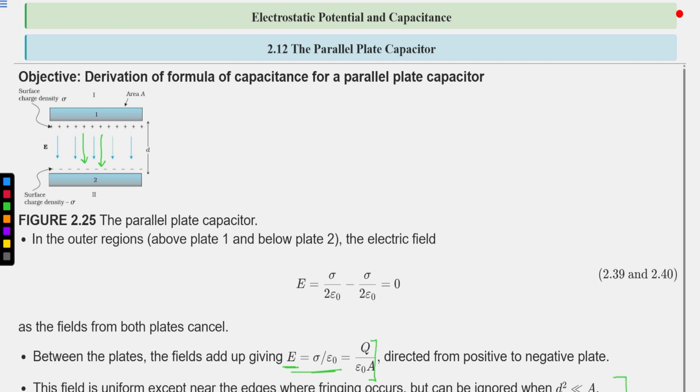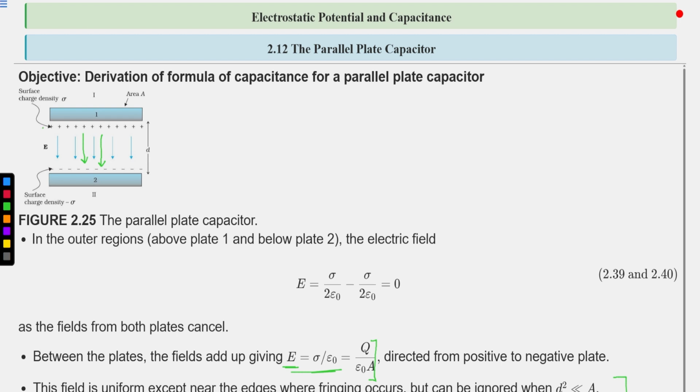So now I will explain why we are taking this and what is this fringing. When this is the electric field between these plates, but at the edges, for this region in the left side of these plates, the electric field lines will not be as straight as in the middle.